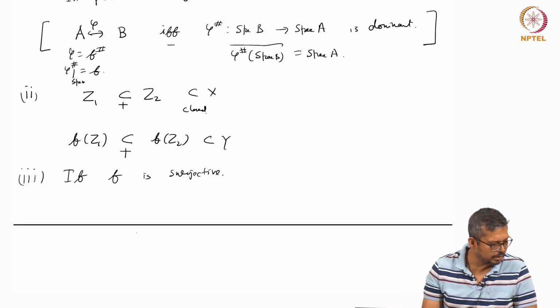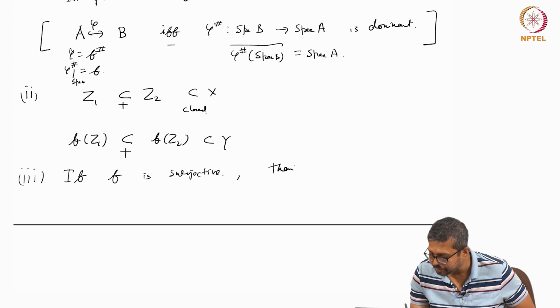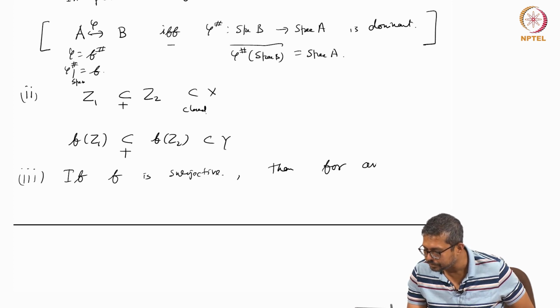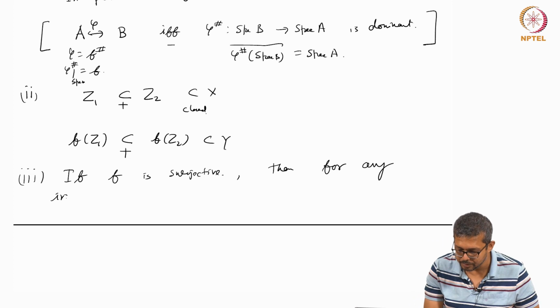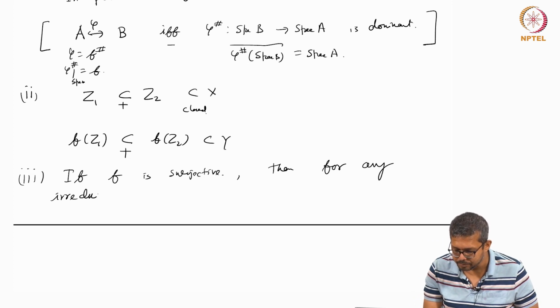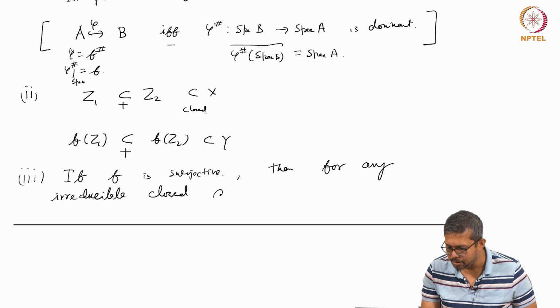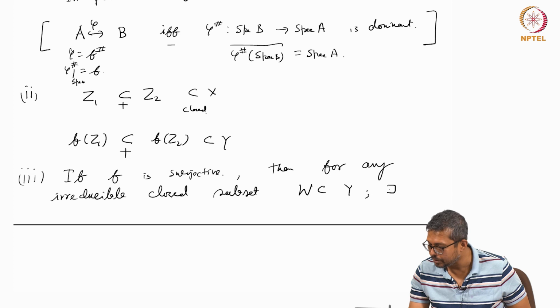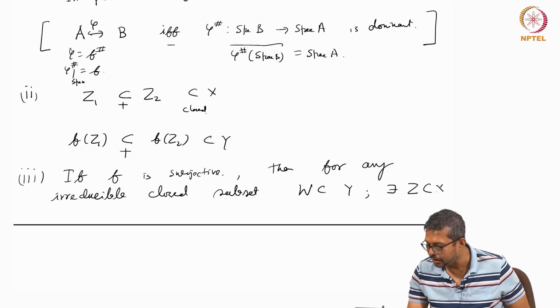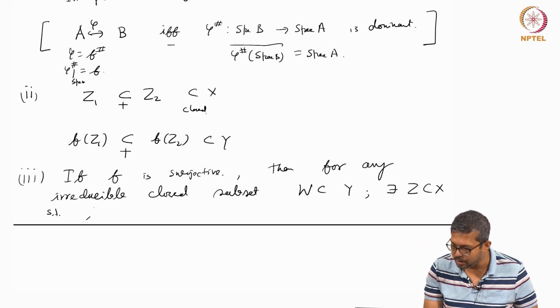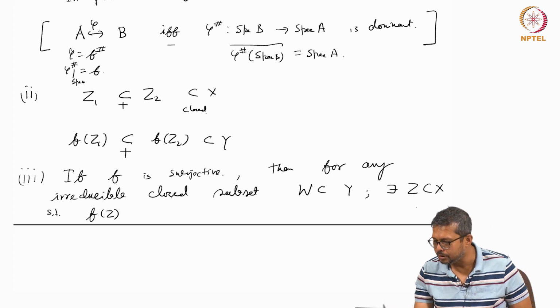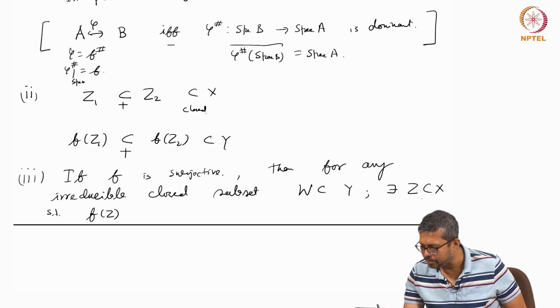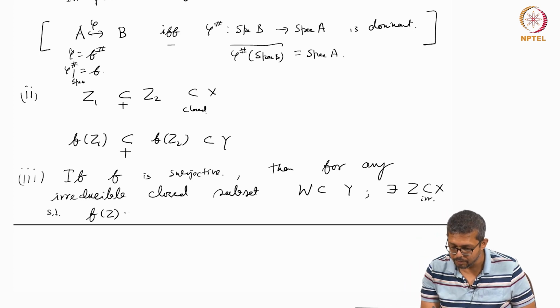If F is surjective, then for any irreducible closed subset W in Y, there exists Z in X such that F of Z equals W, and of course Z will also be irreducible.